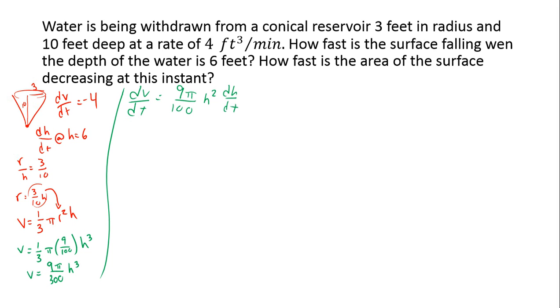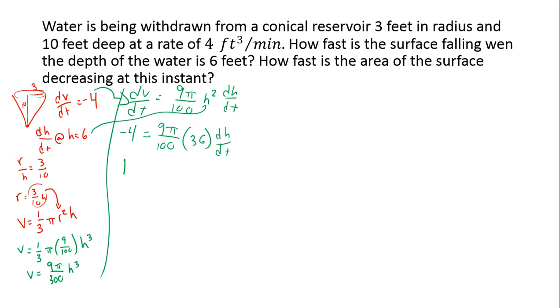And now we're going to plug in that negative 4. So it'd be negative 4 is equal to 9 pi over 100. And so we plug this in for there, and then we're going to plug a 6 in for the h, which would be 36 dh over dt.